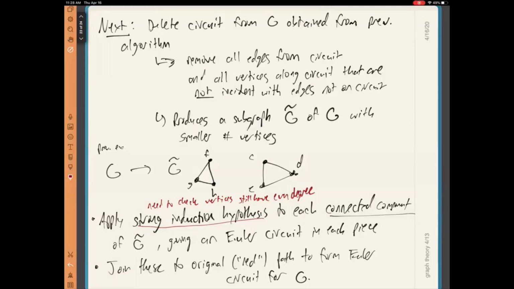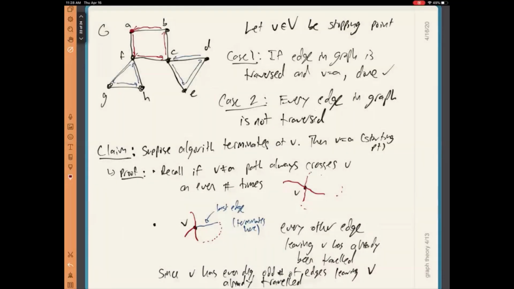Because then in each piece, I really do have a smaller graph that meets the hypotheses of the theorem. So in each of the smaller pieces, I can find a circuit. And then, as I discussed for the example picture, the induction would give you these two blue circuits, which you can then join to the red circuit just by, as soon as you hit F, you travel along the blue, and then you travel along red again, and then travel along blue, and then red again, right?